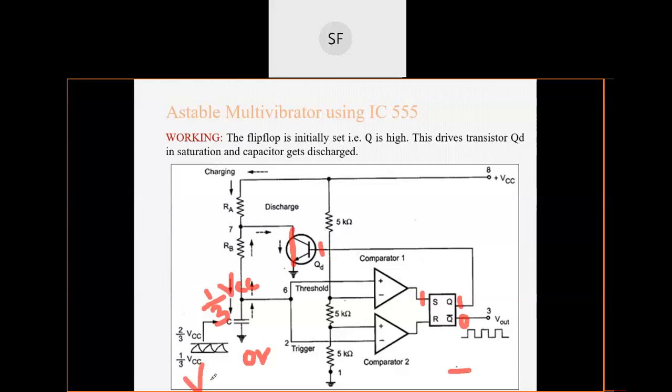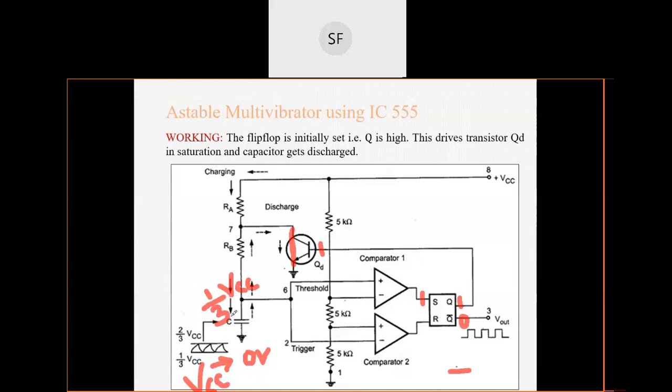So now as this capacitor is discharging in this direction, the voltage will vary from VCC to 0. So while going from VCC to 0, one moment will come when the voltage of capacitor will be slightly less than 1 by 3 VCC. Agree?